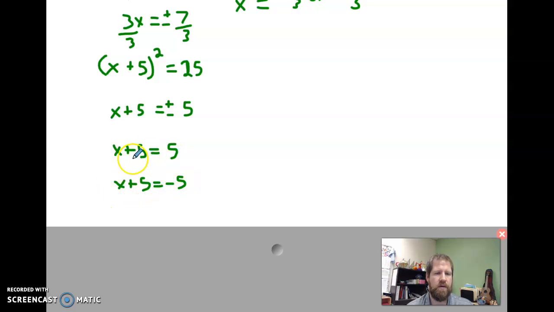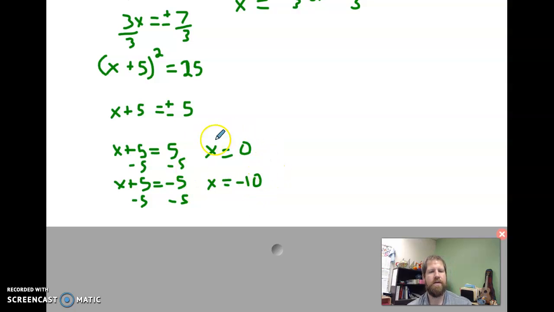In both of these, to isolate x, I subtract 5, and I end up with x equals 0, and x equals negative 10. And those are going to be my zeros for this quadratic equation. So if I took this equation and graphed it out, it would cross the x-axis at 0 and -10.